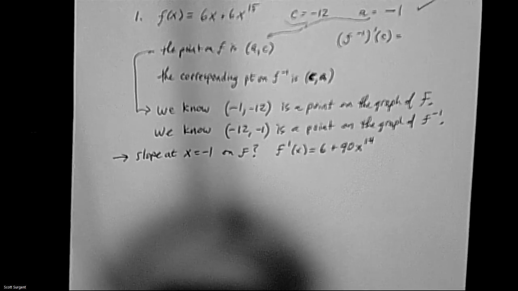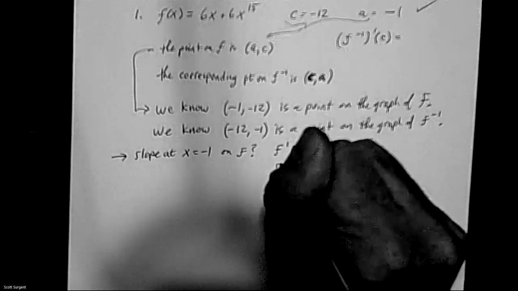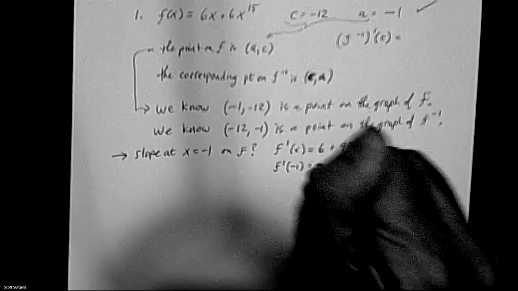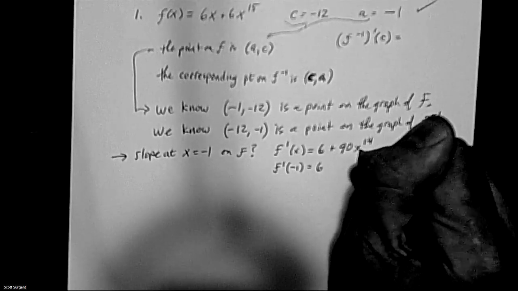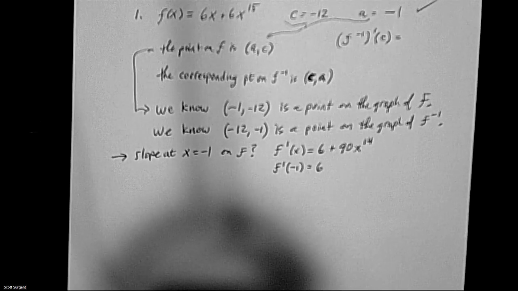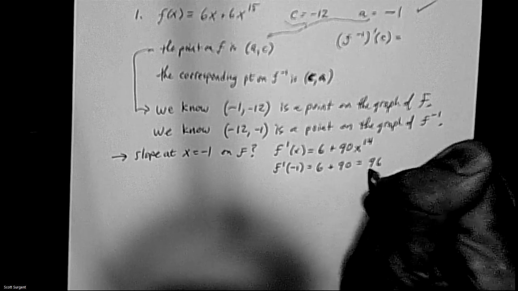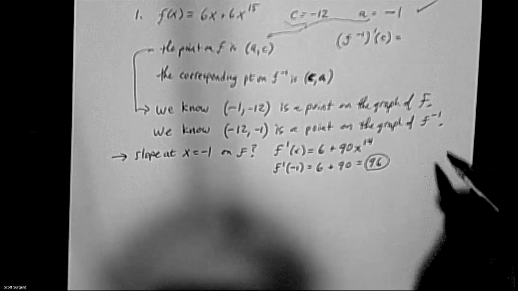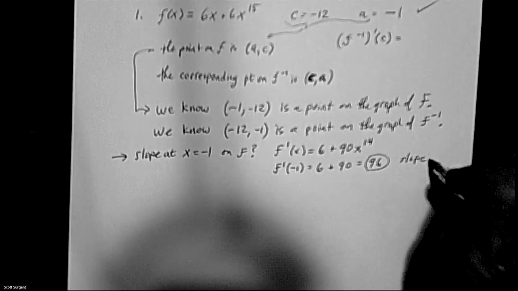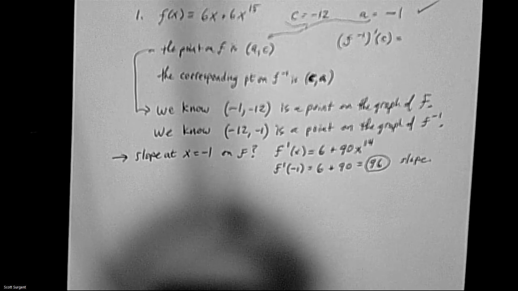I plug in the -1, and the 14th power will absorb the negative, so it's just going to be 6 plus 90, so 96. So the slope is 96. Okay. Well, here's the big kind of thing.